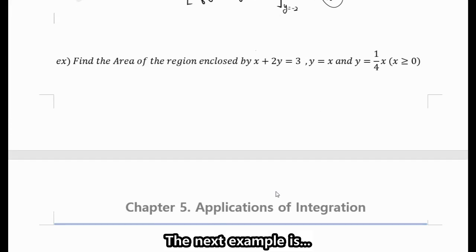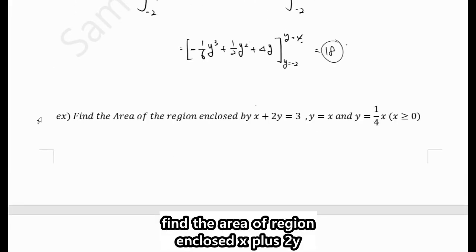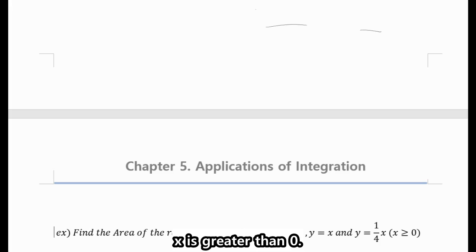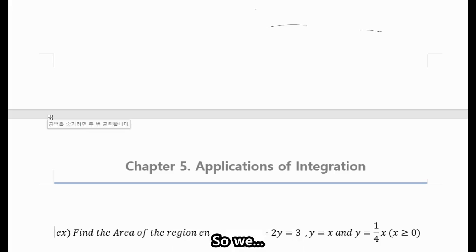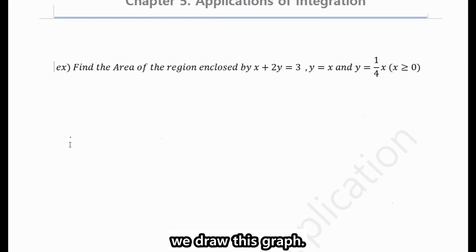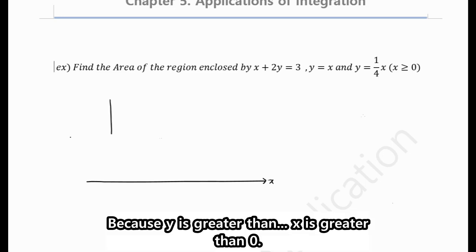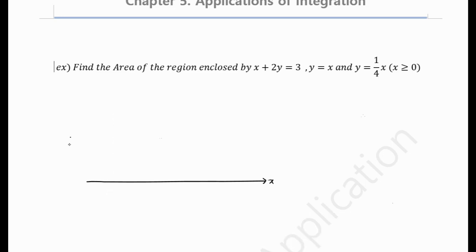So the next example is: find the area of the region enclosed by x plus 2y equals 3, y equals x, and y equals 1 over 4x, where x is greater than 0. So we draw this graph. This is x and this is y, because x is greater than 0.